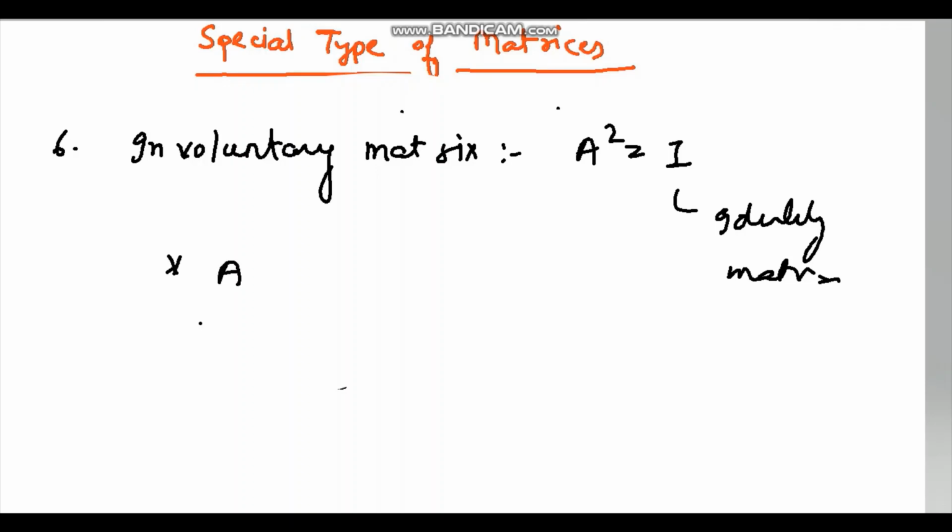Let us take one note: A is equal to A inverse is satisfied for an involutory matrix. You will understand what inverse is in later classes. For this point of view, just take this note.